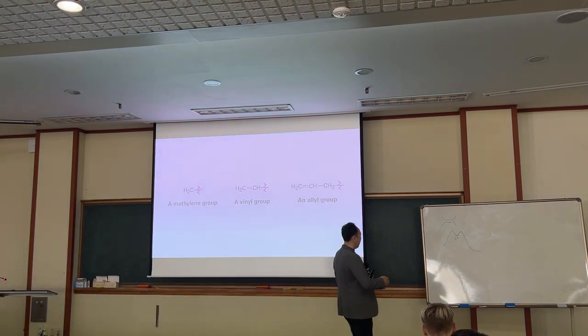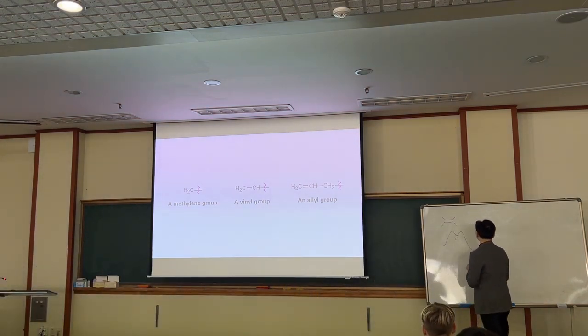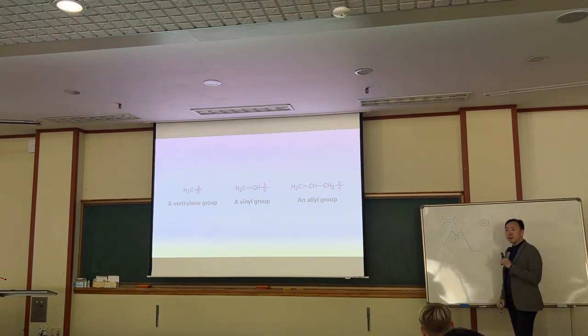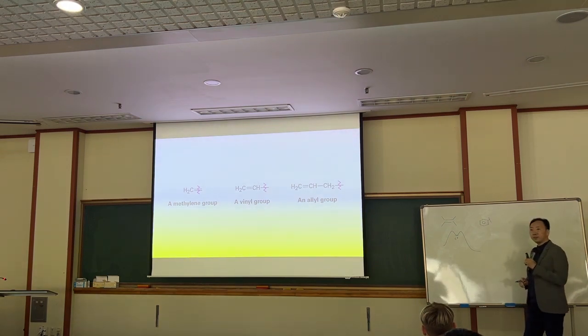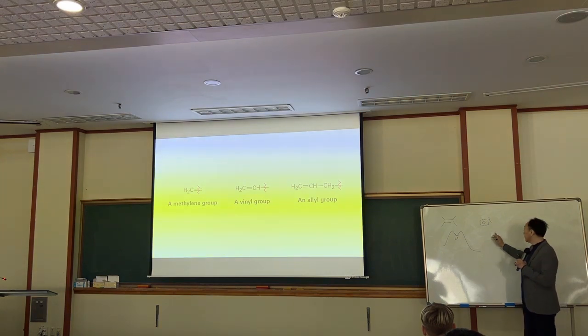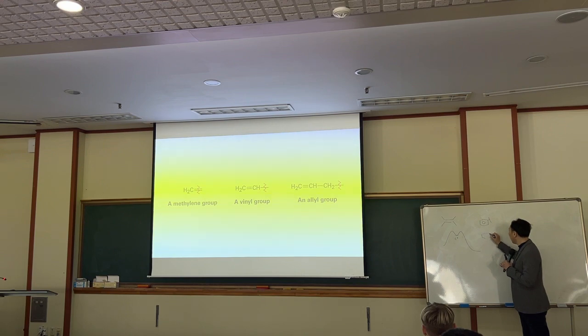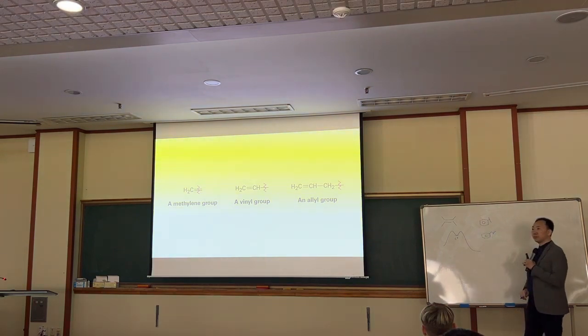Maybe you will study this. This is benzene. If it's connected here, have you learned this? What do you call this group? Benzyl. Looks like it can be benzyl, but interestingly, this is benzyl. Okay, this is the benzyl.